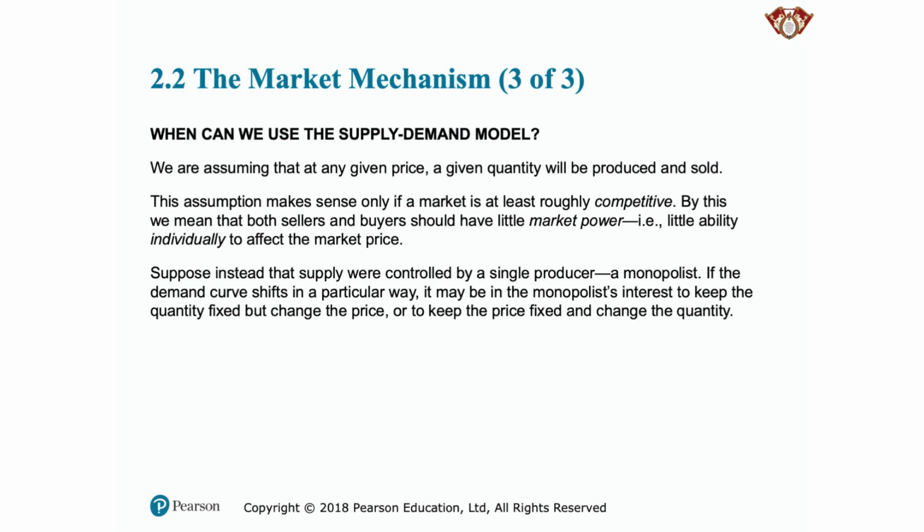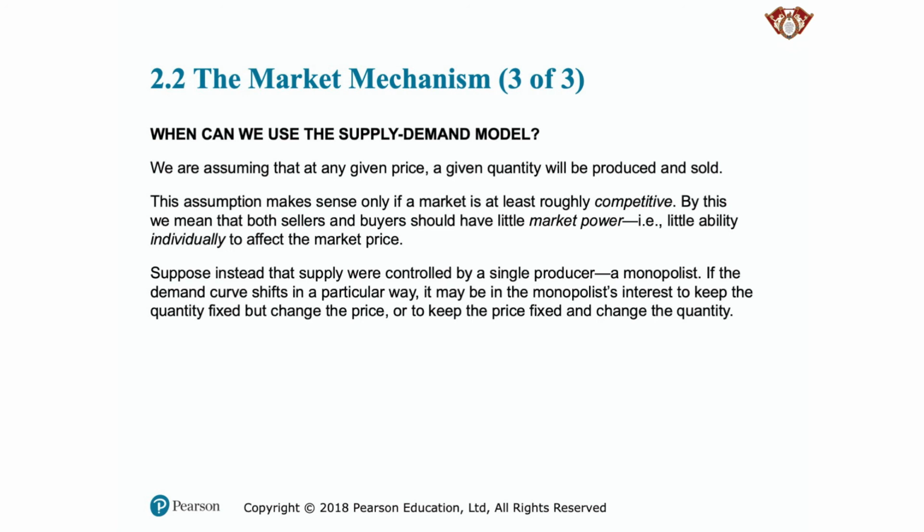Because there are lots of consumers and lots of suppliers, an individual consumer or supplier has no power to influence the market price. That is the definition of a roughly competitive market.